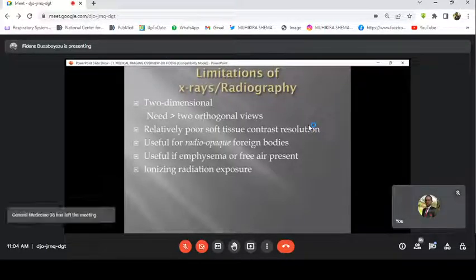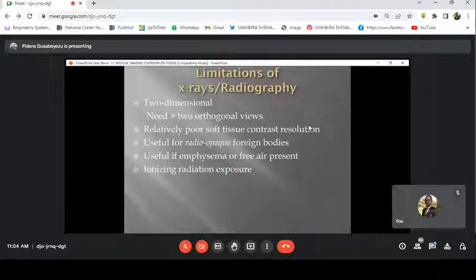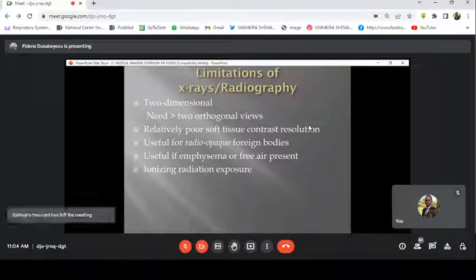When I was asking you which modalities here use ionizing radiation, and you told me you don't know at all: CT scan, conventional X-ray radiography, fluoroscopy, nuclear imaging, or mammography. All of those use ionizing radiation.